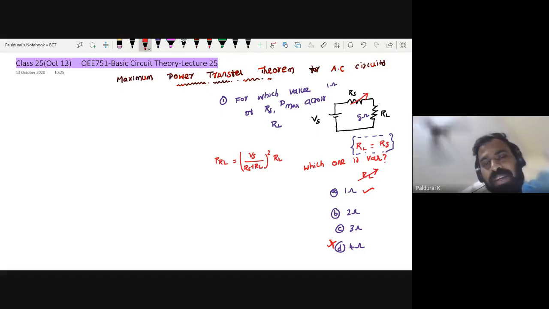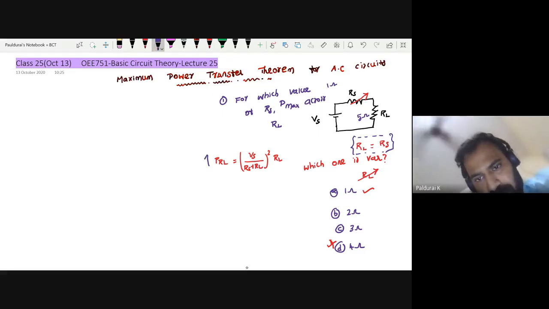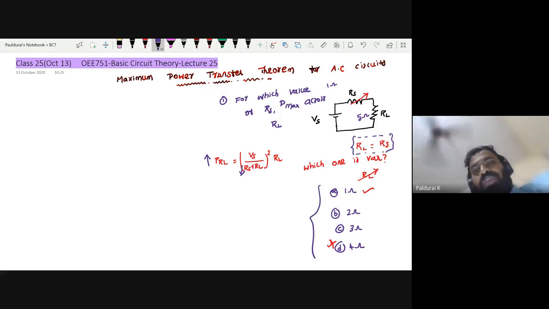Now coming to this formula, if I want to get maximum power, the RS should be as minimum as possible. Out of these four, which one is minimum? The 1 ohm. So what is the conclusion?